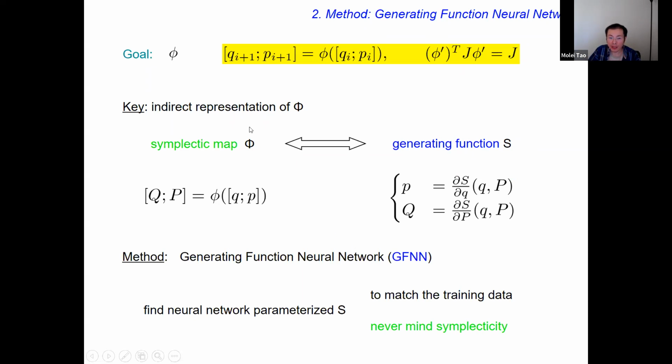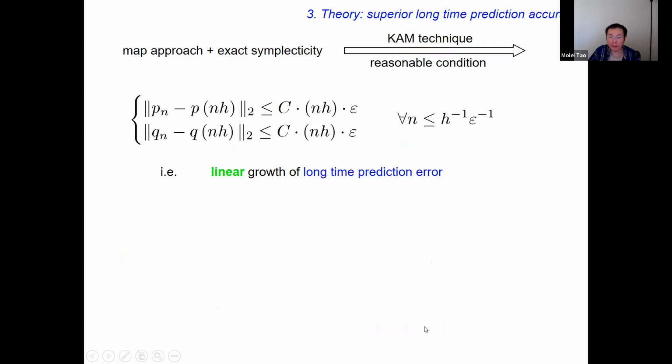And this corresponding phi will be exactly symplectic. And therefore, we use a neural network to parameterize S. And then we train this neural network to match the training data, the time series. And then we never have to worry about symplecticity. The resulting network automatically produces symplectic maps.